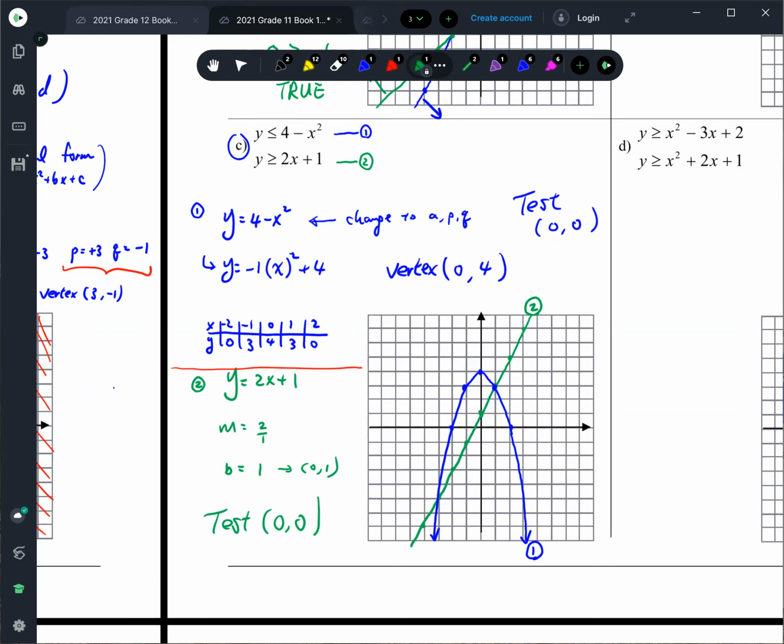So do we check both of them? Yeah, you need to do it separately, for the red, and for the blue and the green. If you plug it into the equal, then it's always going to be false. So always plug into the inequality.